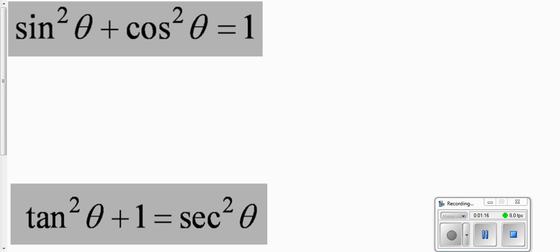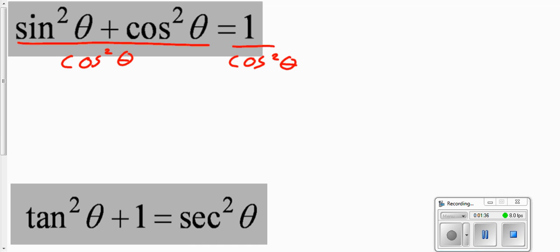On the next slide, we can see if we want to use that Pythagorean identity, we can divide everything by cosine squared theta. And what are we going to get?